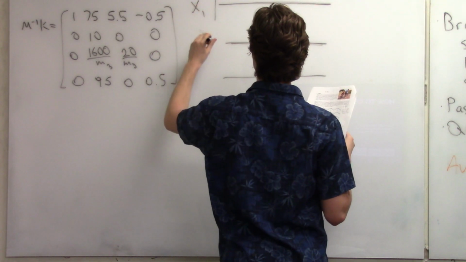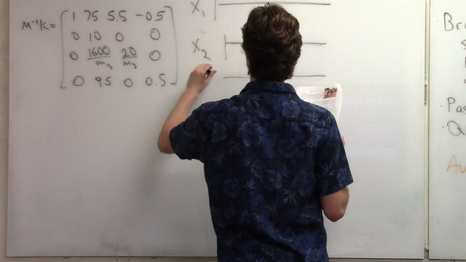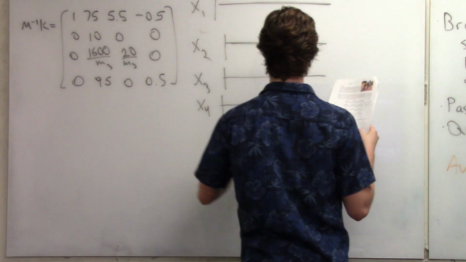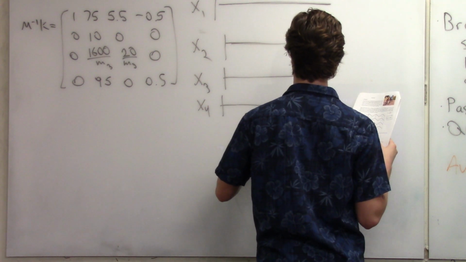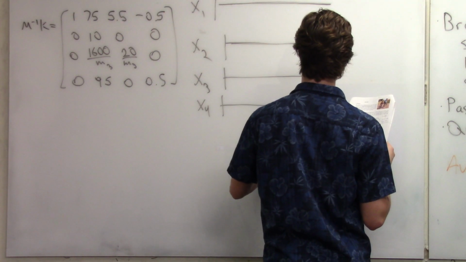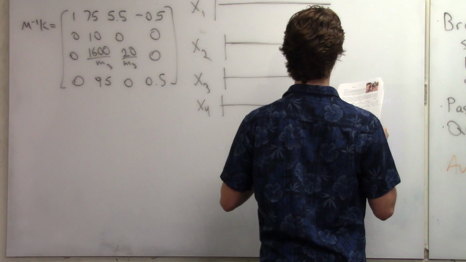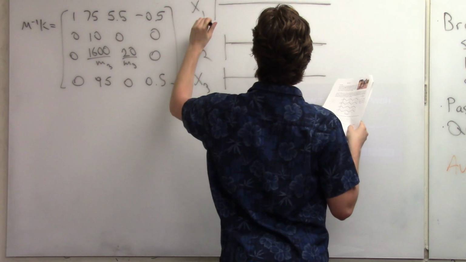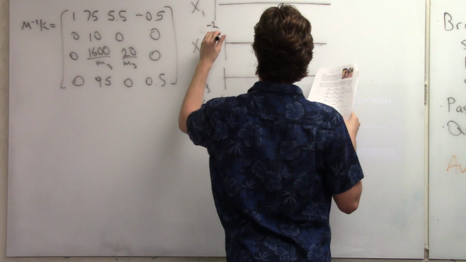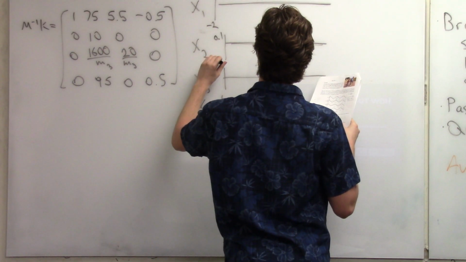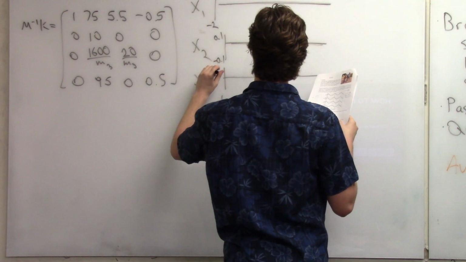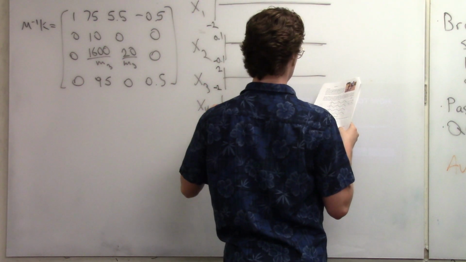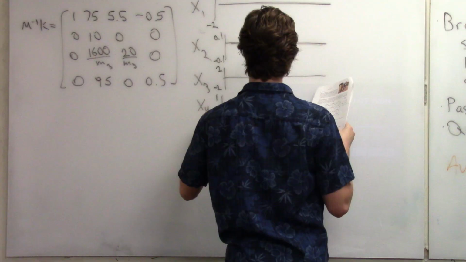So we're going to have x1, x2, x3, x4, and time in seconds, and then we're going to have 2, minus 2, 0.1, negative 0.1, 2, negative 2, and then 1, negative 1.